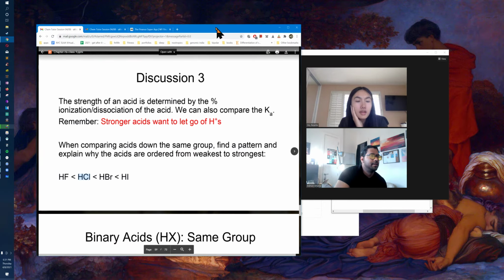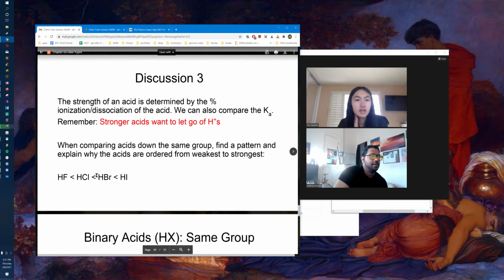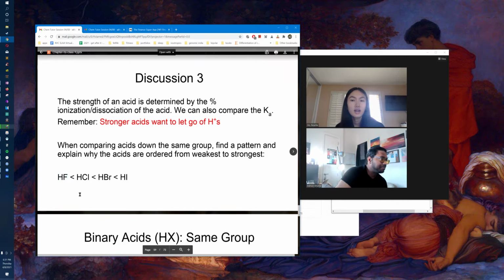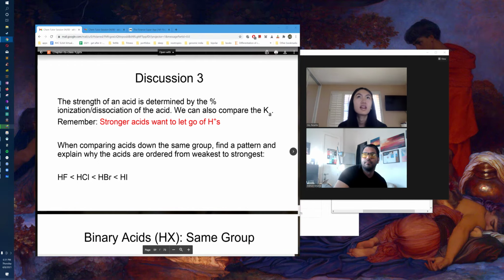I think for that one it was electronegativity. If one is more electronegative, it'll want to take other electrons, and therefore it won't want the H plus ion as much.